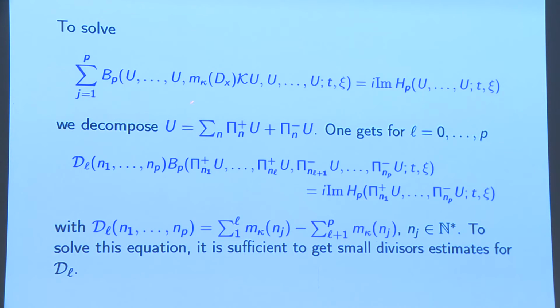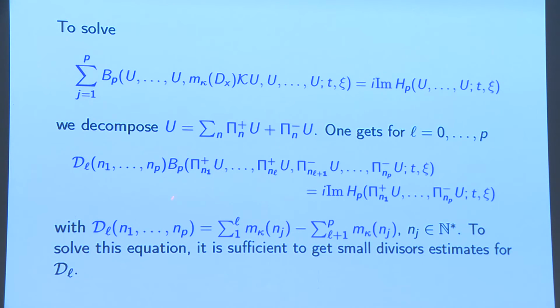So if I replace each argument U by such a decomposition, and if I look at what happens when I make act this operator on, for instance, pi n plus capital U, one sees immediately that the result of this operation acting on such a localized function is given by multiplication of the function by the symbol m kappa computed at n.